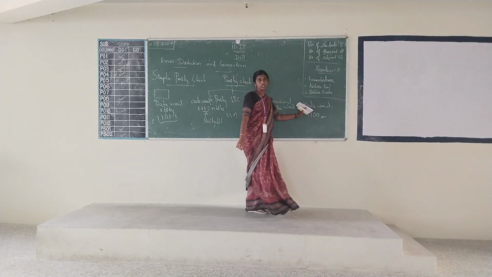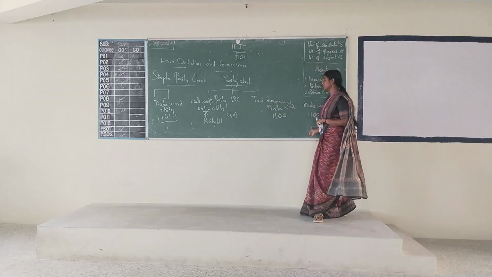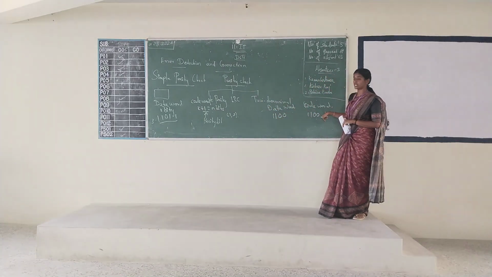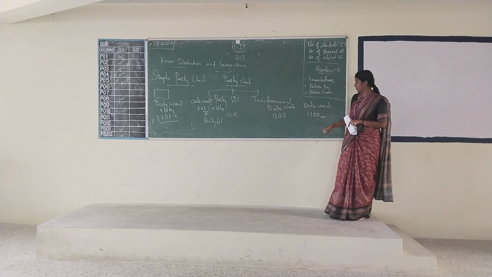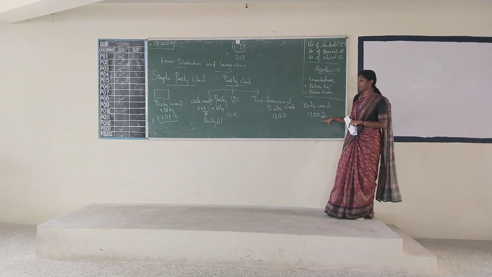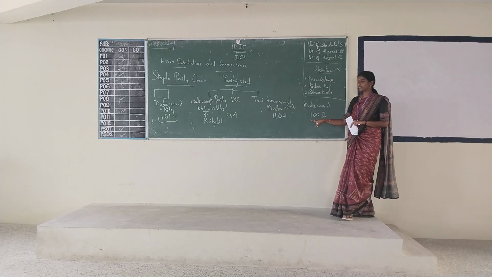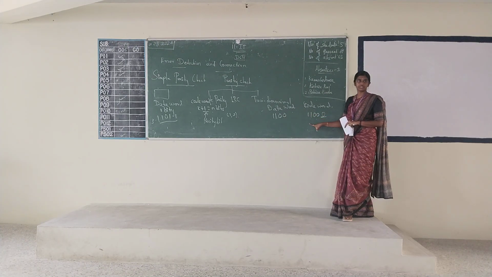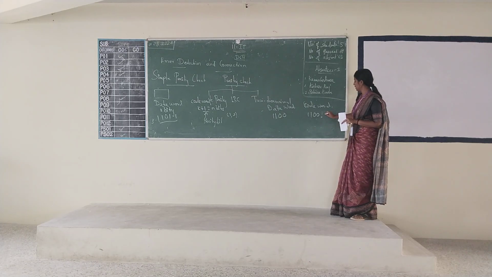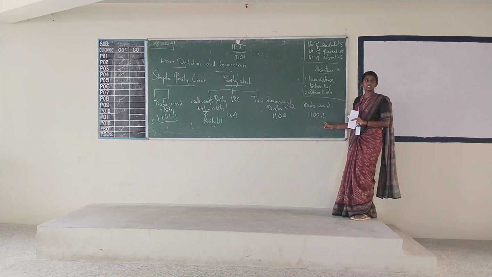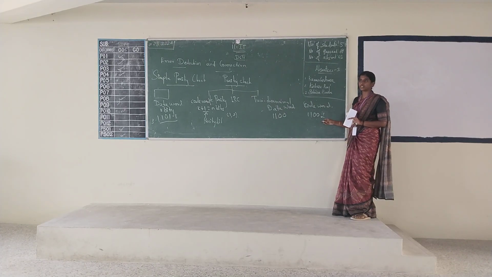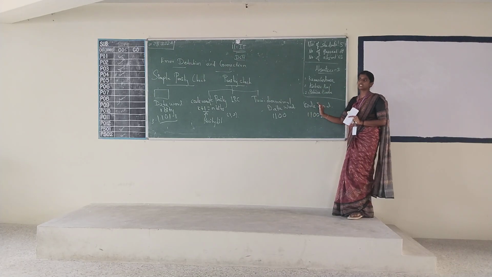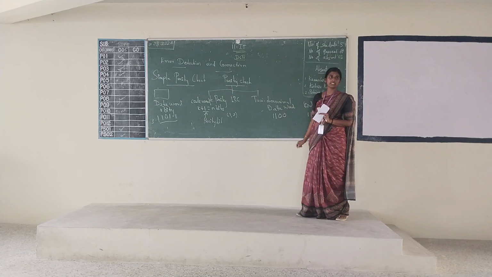The only condition to convert it to a code word is that the number of ones in the code word must be even. If I add 0 here, how many ones are there? Is it even or odd? The condition is achieved. If I add 1 here, it is not even, so the condition is not achieved. The code word should have an even number of ones. That is the only condition in simple parity check.